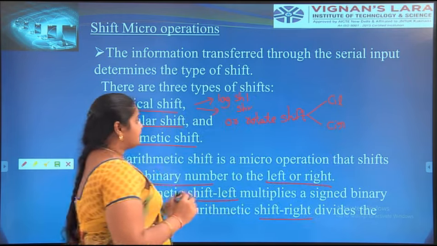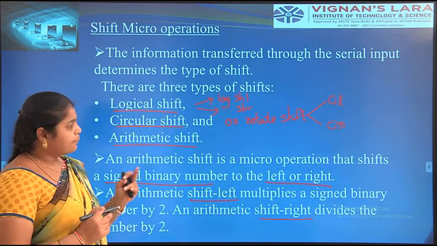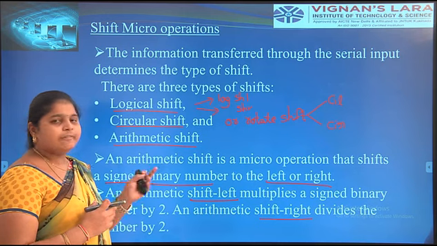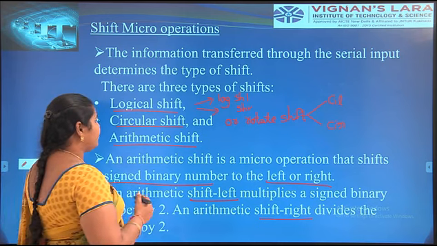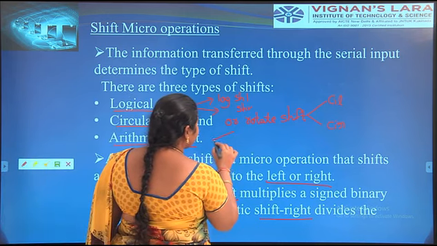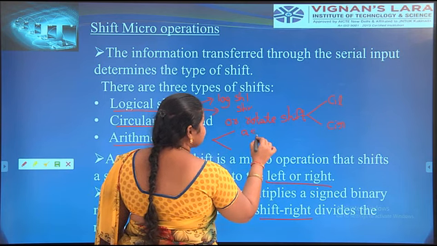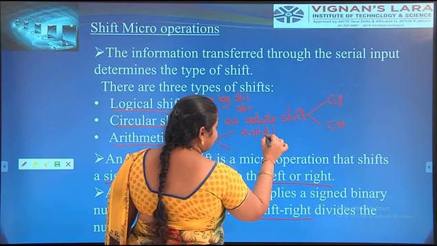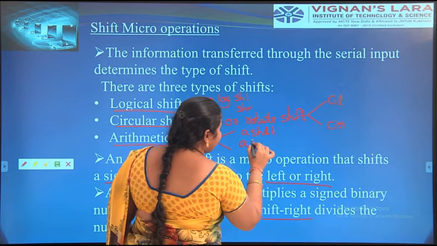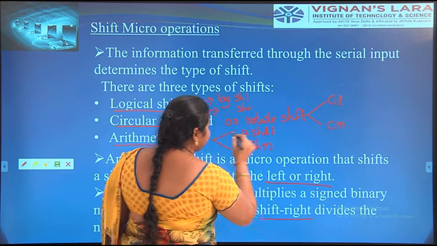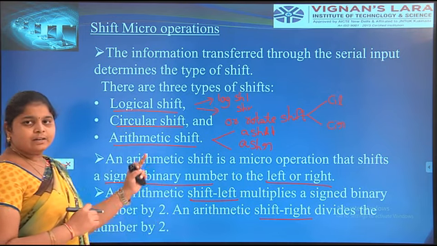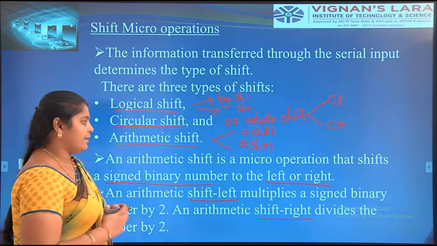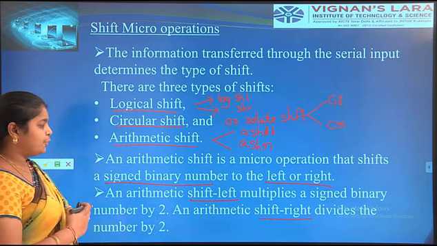CIL means circular shift left, CIR means circular shift right. The arithmetic shift also consists of two types, ASHL and ASHR: arithmetic shift left and arithmetic shift right.